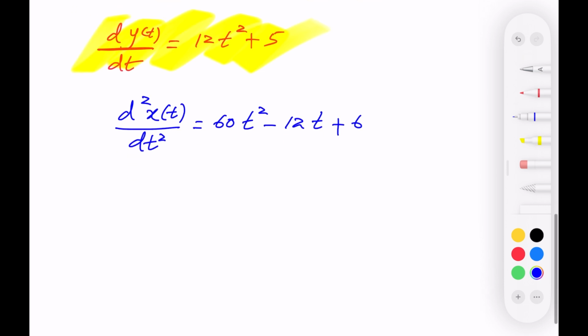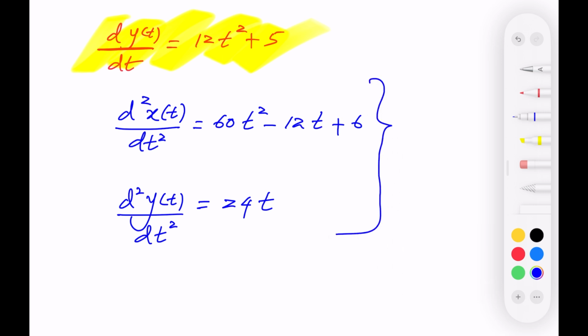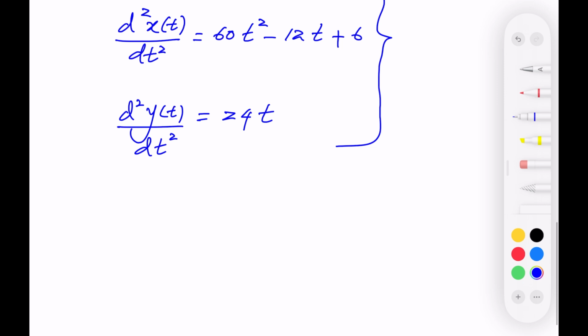When I differentiate y with respect to t one more time, we get d squared y(t) over dt squared equal to 24t. Now, using these two equations, we can find the components of the acceleration along these two directions.